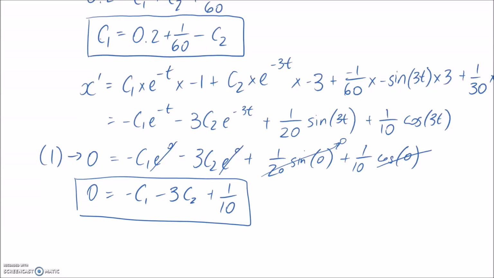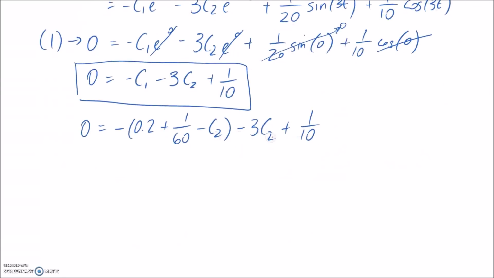So if I substitute this equation into the second one, so C1 is getting replaced, it's going to look like that. You can see that C2 is the only unknown in the equation. So if you move everything with C2 to one side, everything without to the other side, what you can find is that C2 comes out to approximately this.